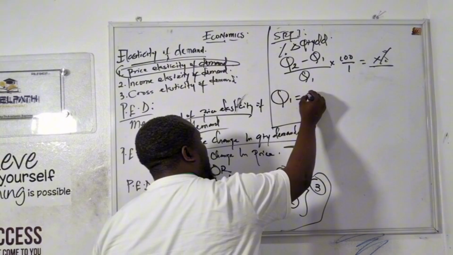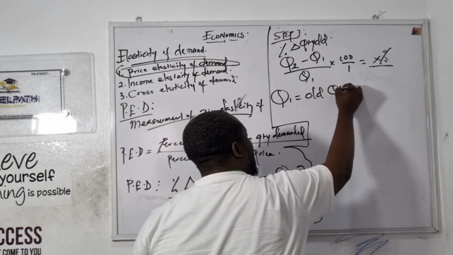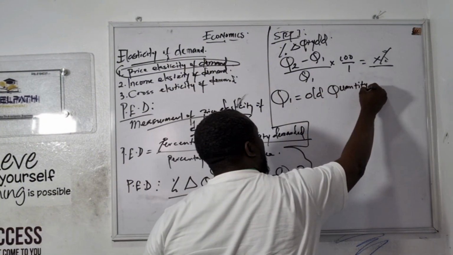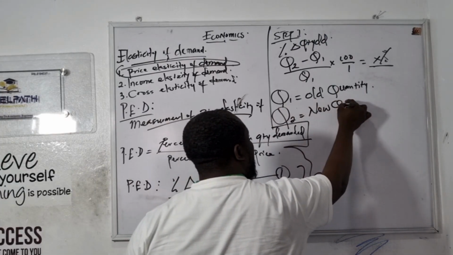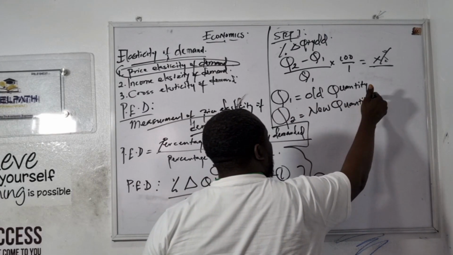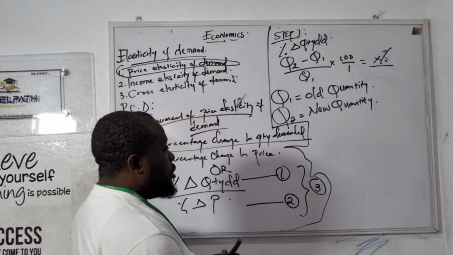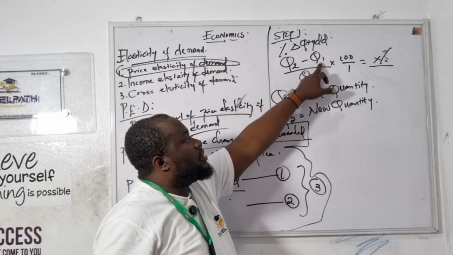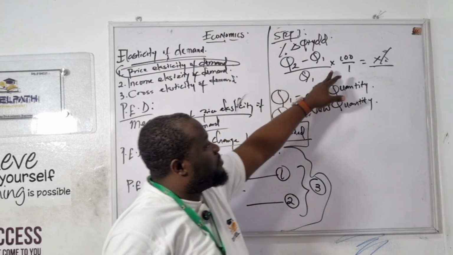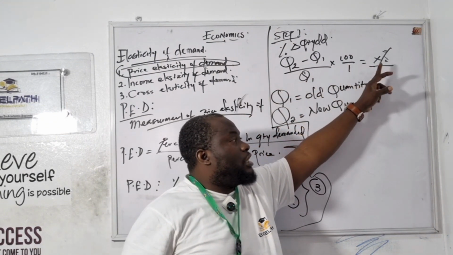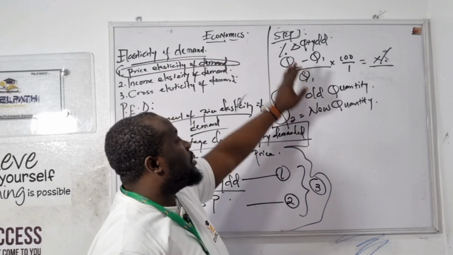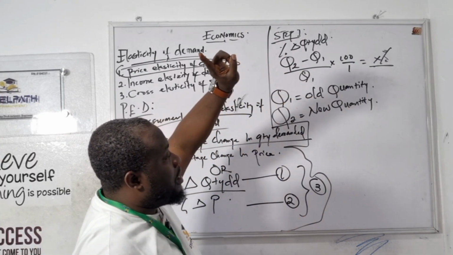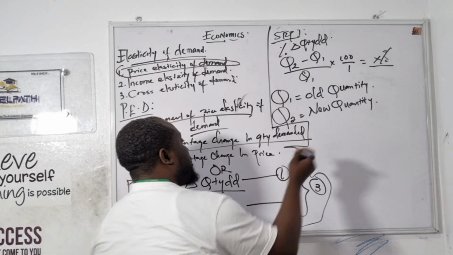Q1 is your old quantity, and Q2 is your new quantity. So new quantity minus old quantity, divided by old quantity, multiplied by 100 over 1, gives us percentage change in quantity demanded. That is step 1.